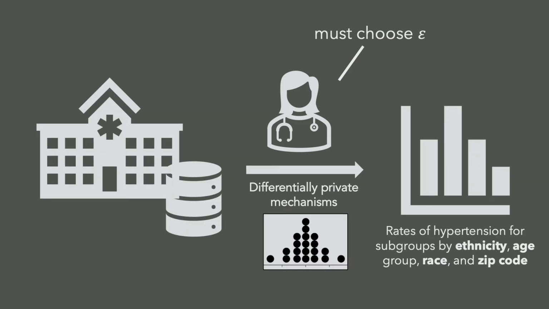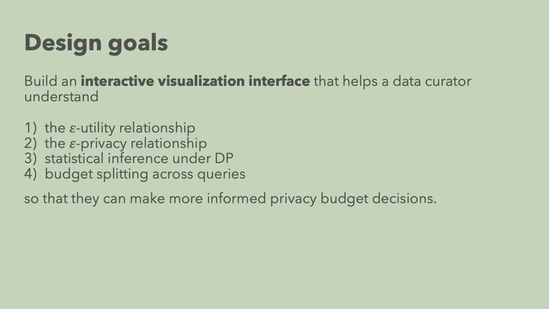Those were some of the challenges we kept in mind when designing our interactive visualization interface for data curators setting privacy budgets. More specifically, we had 4 design goals. For design goals 1 and 2, we wanted the interface to help a data curator understand relationships between epsilon, utility, and privacy.